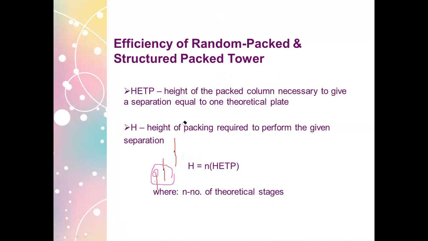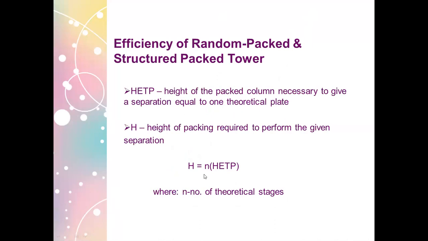when we speak of efficiency and of the height of the column, it's the same as gas absorption. You remember in gas absorption, we have N theoretical number of stages times HETP is the height of your column if it's a packed column. So it's the same thing with a distillation tower. We can have packing materials inside our column.